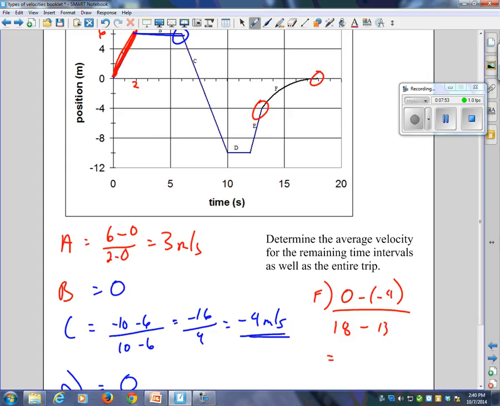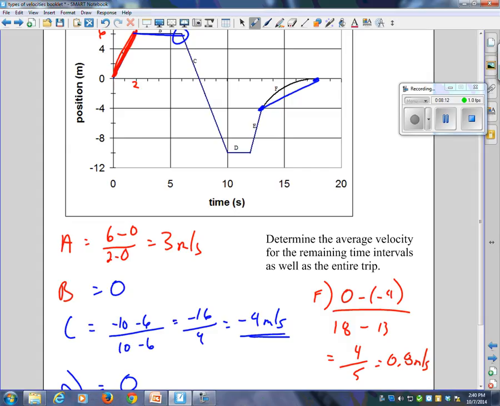So it's going to be 4 over 5 or 0.8 meters per second. You don't solve it any differently. The only thing you do is pick the endpoints.